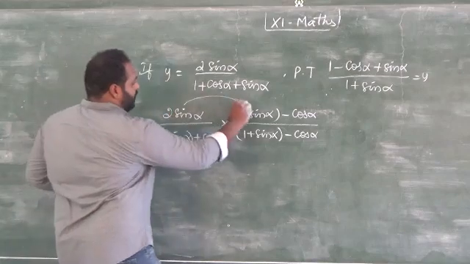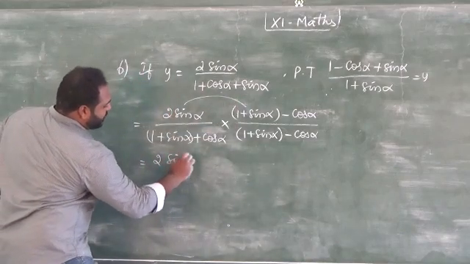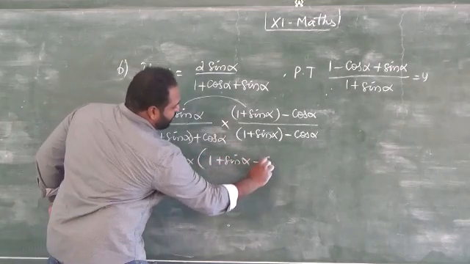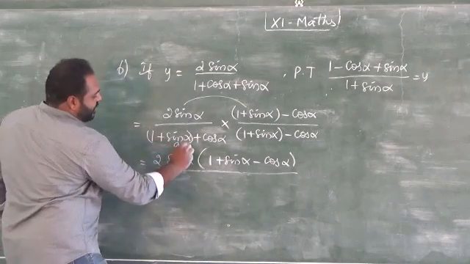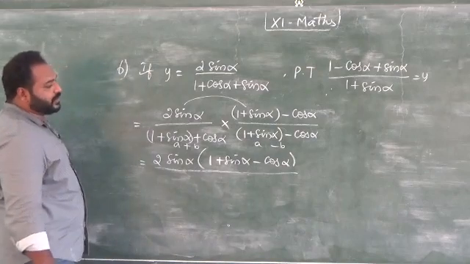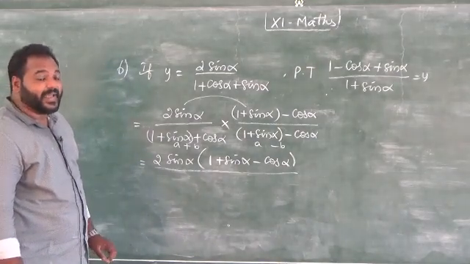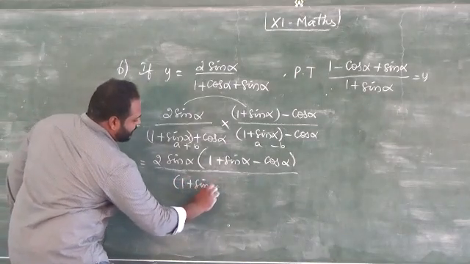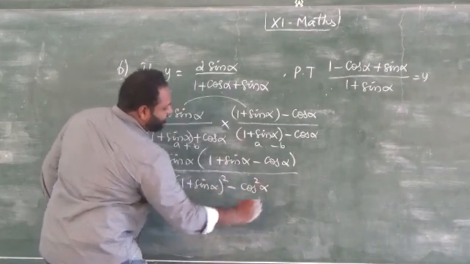So multiply the numerator 2 into sin alpha into 1 plus sin alpha minus cos alpha, divided by, this is a plus b into a minus b format now. So a plus b, a minus b can be written as a square minus b square. So here a square is 1 plus sin alpha whole square, minus b square is cos square alpha.